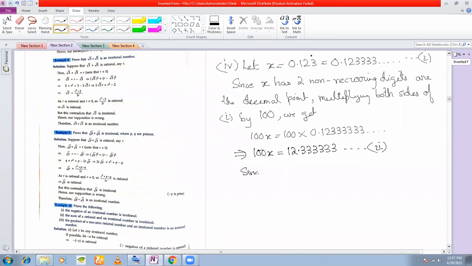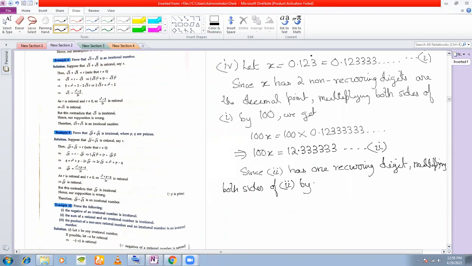Now we are looking at only 2. Since 2 has one recurring digit, multiplying both sides of 2 by what number? Can anyone tell me what number? 10. Exactly, because there is one recurring digit.